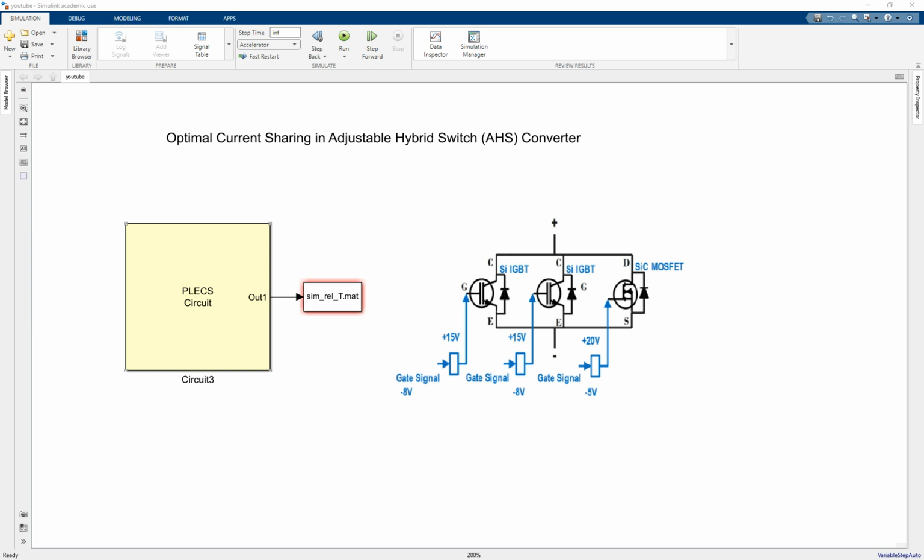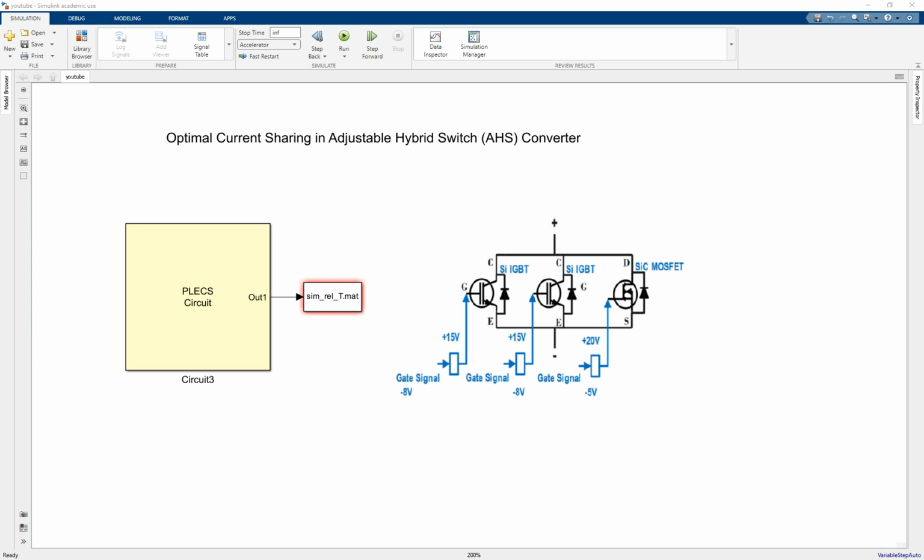But anyways, what I'm going to show here is just a very simple didactic approach for using PLECS for students and for researchers, and what would be the best configuration to run PLECS. And if you have any similar simulation to run, maybe this video will help you for that.